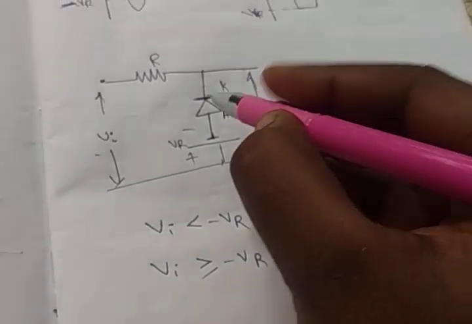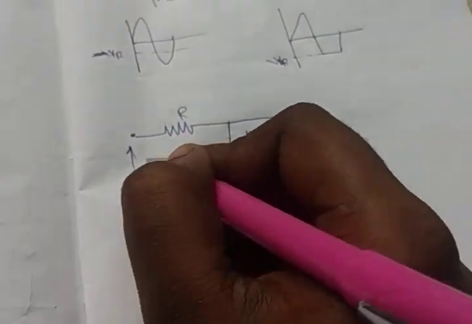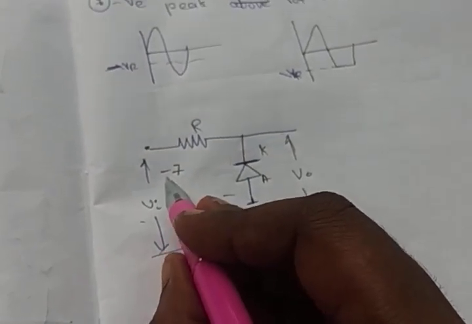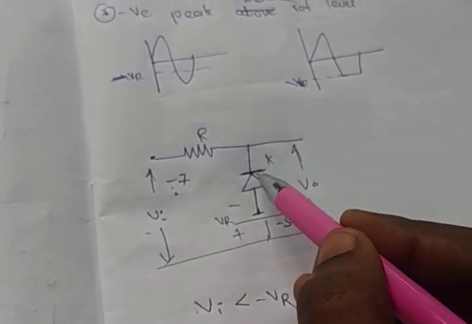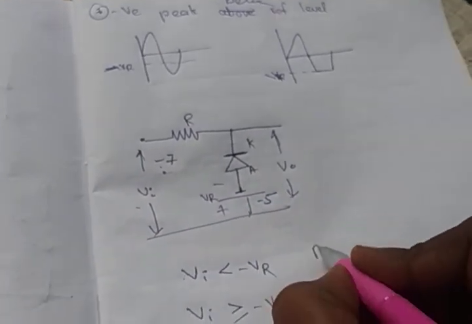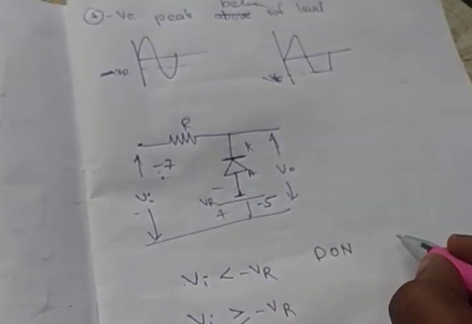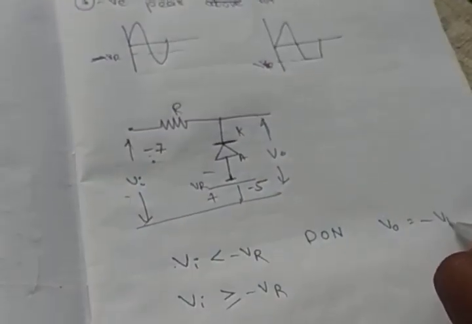For a fixed voltage of minus 5, for lesser values like minus 7, it is forward bias, no? So the diode is on, and then we get V0 as, across the shunt line, minus VR.